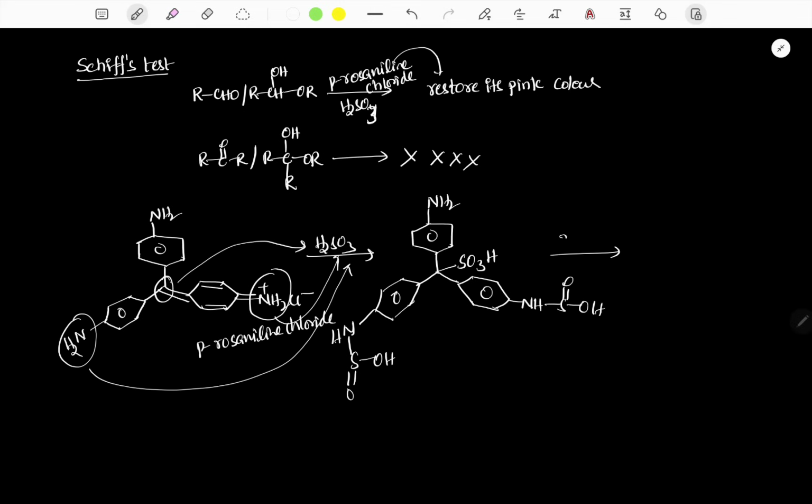It reacts with 2 moles of aldehyde, sulfur nucleophile attack, pi bond shifted.